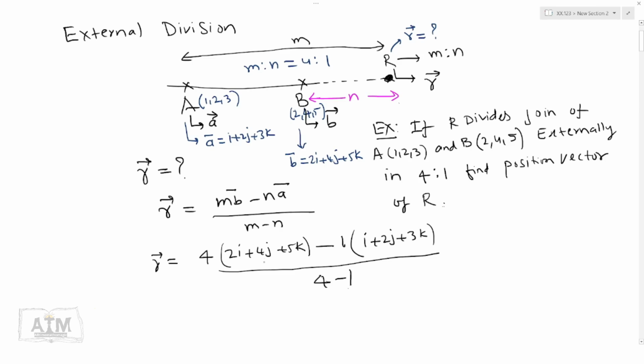Of course, i, j, k are i cap, j cap and k cap. But while teaching in the classroom, I just say i, j, k, because saying cap every time would disturb the understanding.